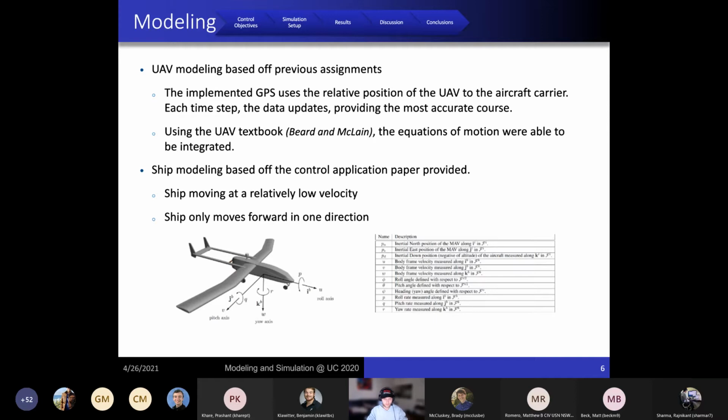We used the UAV textbook that had the equations of motion in it, and we were able to integrate those and ensure that our plane was flying properly. Our ship model was based off the paper provided. The ship was moving at a relatively slow velocity, around 20 meters per second, primarily in a forward direction, but it did have sway and things like that implemented into the file.